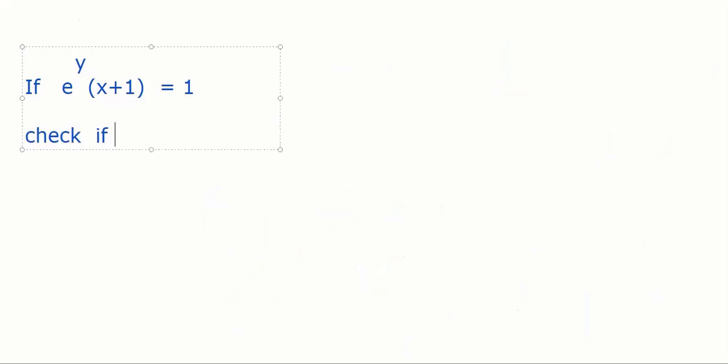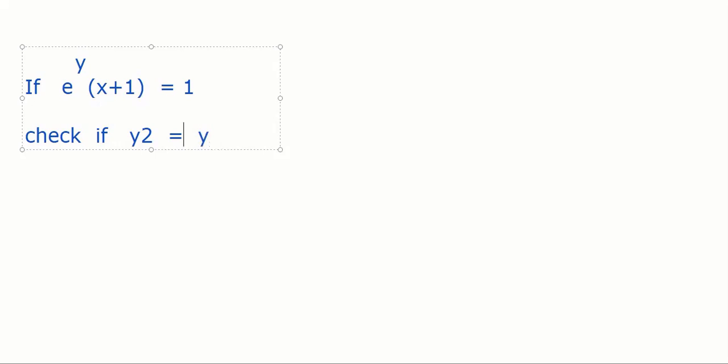Higher order differentiation. If I say if e to the power x plus 1 and that is equal to 1, check if y2 equal to y1.